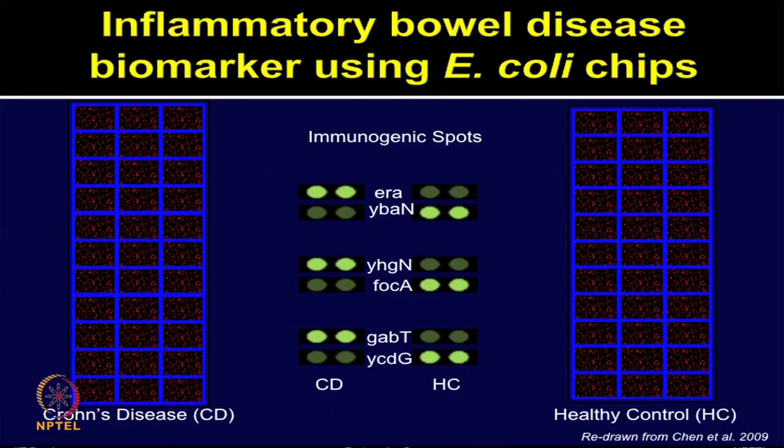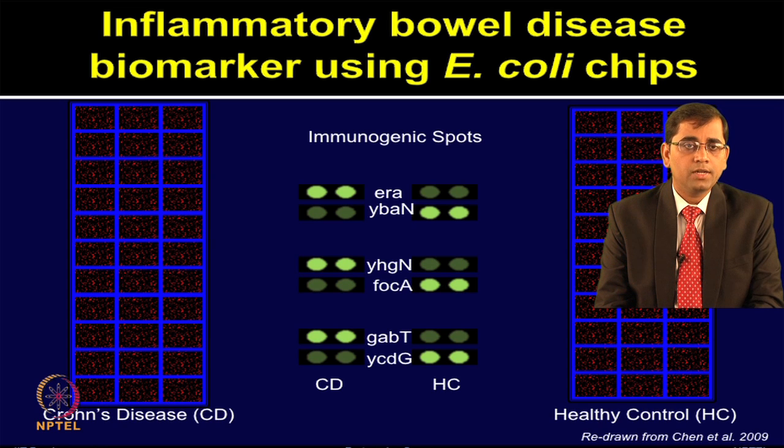After looking at the overview of the experiment, let us now discuss some of the findings. These E. coli proteome chips were probed with sera from CD patients, which is Crohn's disease, shown on the left side, and healthy control shown on the right panel in this slide. The Cy3 labeled anti-human immunoglobulin antibodies were probed on the chips, which allowed the visualization of immunoreactive protein spots.